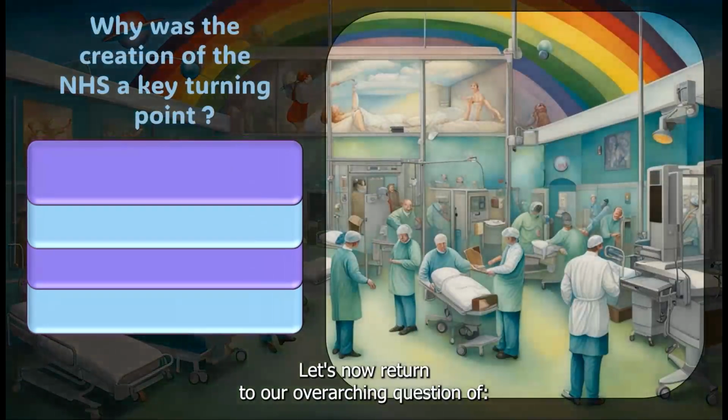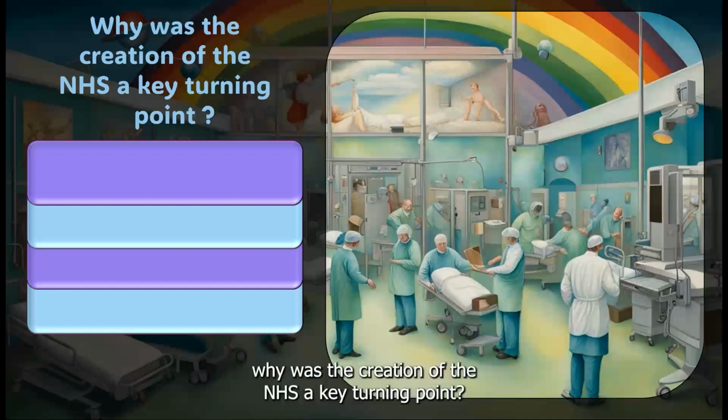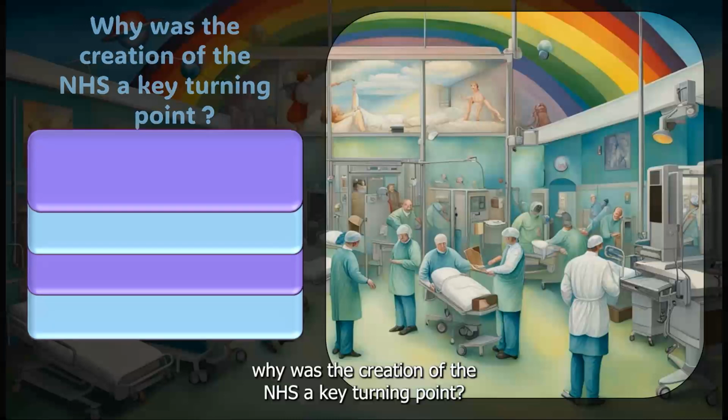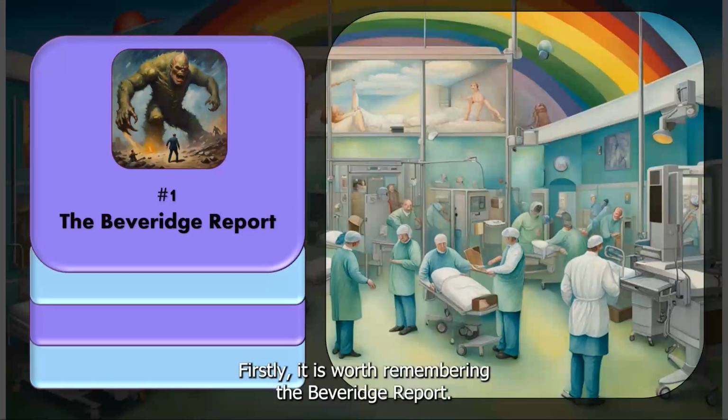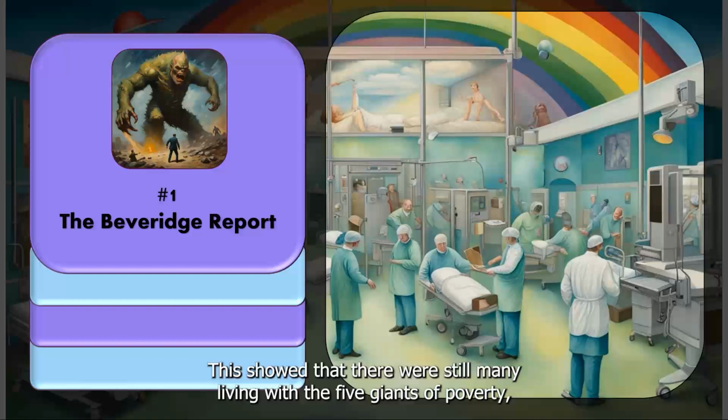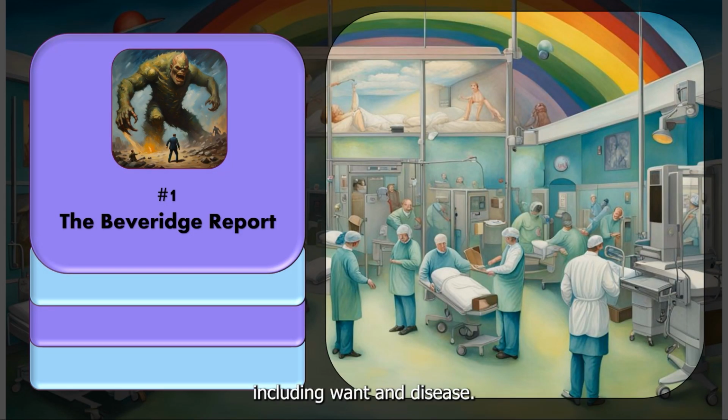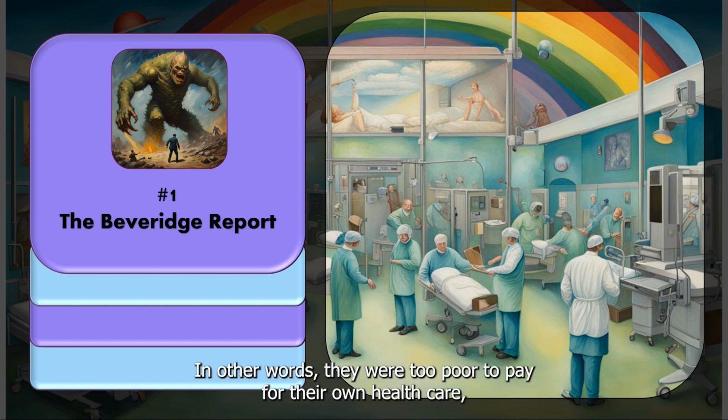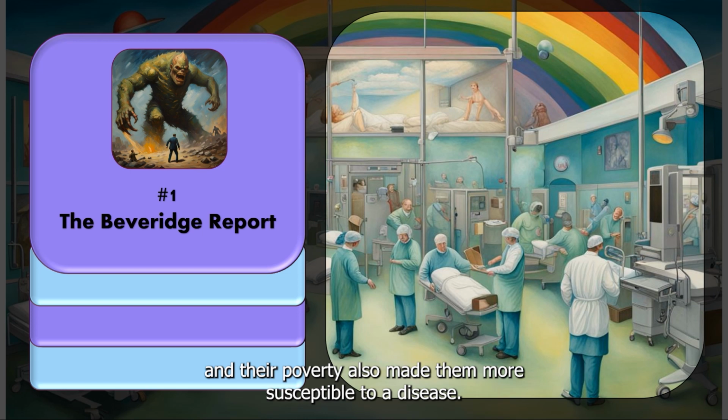Let's now return to our overarching question: why was the creation of the NHS a key turning point? Firstly, it is worth remembering the Beveridge Report. This showed that there were still many living with the 5 giants of poverty, including want and disease. In other words, they were too poor to pay for their own health care, and their poverty also made them more susceptible to disease.